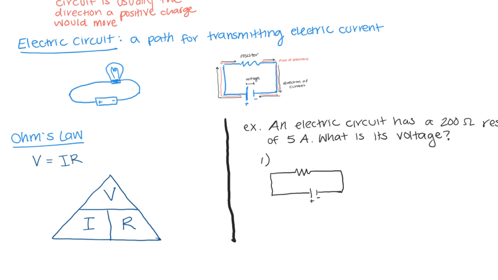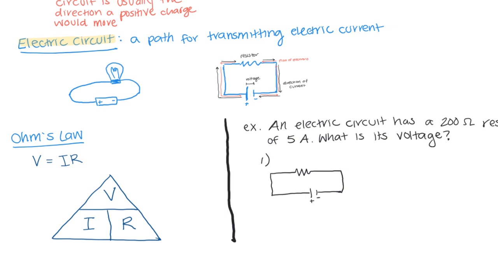So how does this all come together in an electric circuit? Well, let me back up. An electric circuit is defined as a path for transmitting electric current. I want you to think about when you have ever learned about electric current traveling through something.